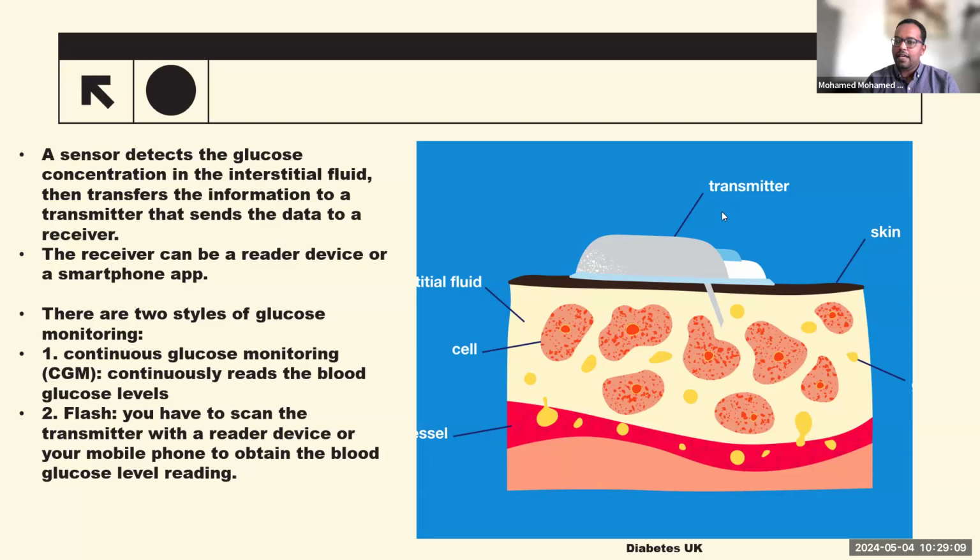And the receiver can either be an app on a smartphone these days, or historically, when they started this idea, it used to be a device that comes with the company, that you scan the transmitter with, and it's a screen that gives you the reading.